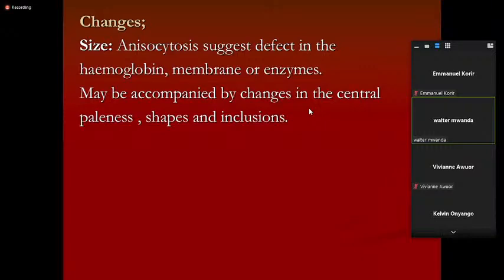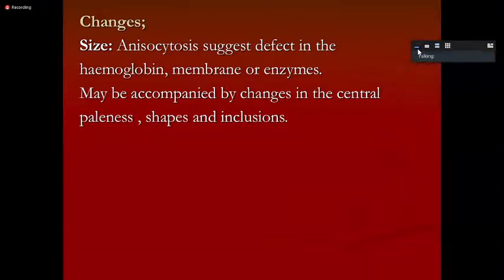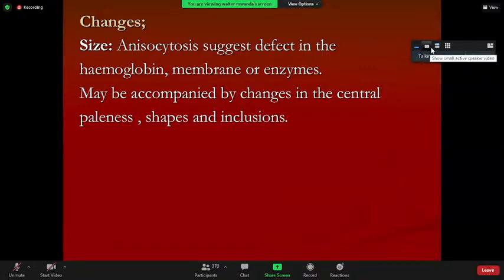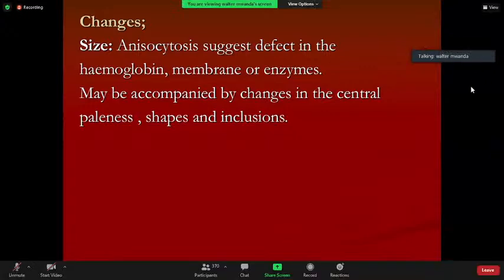Changes in shape we call poikilocytosis. Changes in central pallor may be hypochromia, normal, or polychromasia. The changes in shapes are several in type, some of which have significance. Inclusions also are of various types, all of which have some significance.